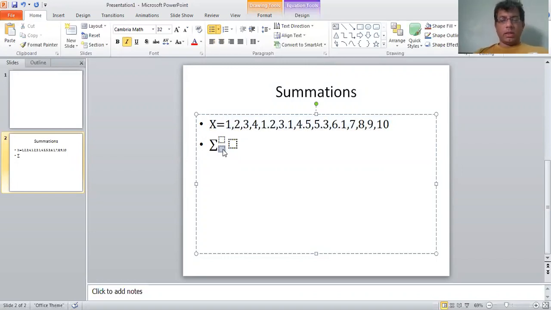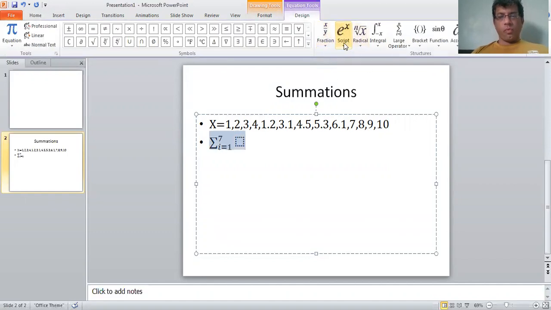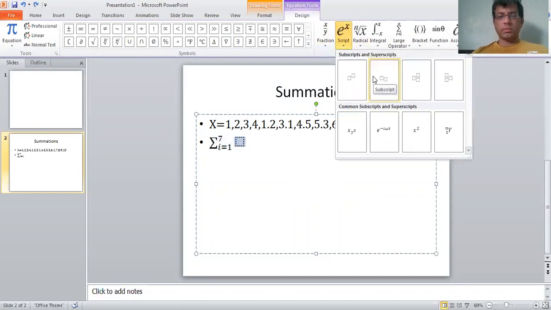Now let's say I have some summation, and the summation says that i equals 1 to 7, let's say. And then we have over here something like this. Sorry, in this block, we have something like this.